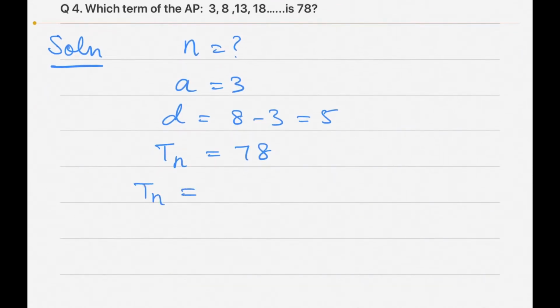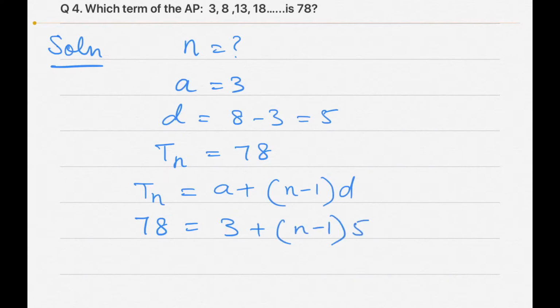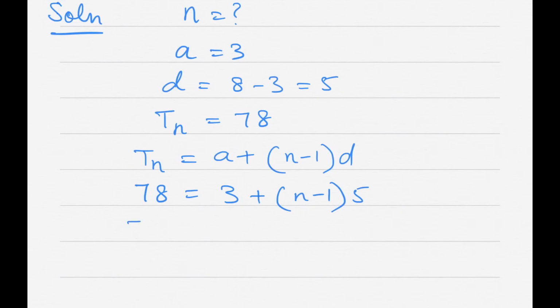I know my TN is equal to A plus n minus 1 into D. So TN here is 78 and A is equal to 3, and D is 5. So now 78 minus 3 will be equal to 5n minus 5.